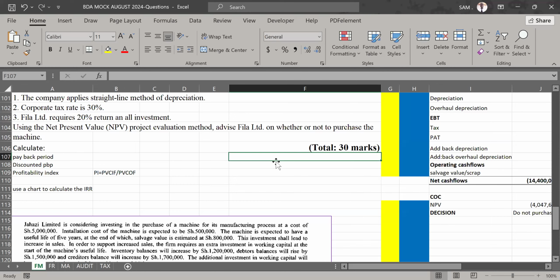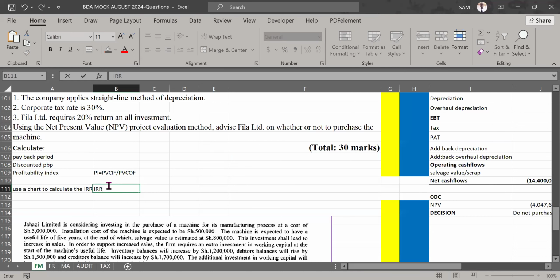And let me ask you something. What is the difference between profitability index and internal rate of return? How do you get internal rate of return? This is a very interesting one. I want you to differentiate that. Now, how do you get IRR? Somebody. If profitability index is present value of cash inflows over present value of cash outflows, how do you get IRR?